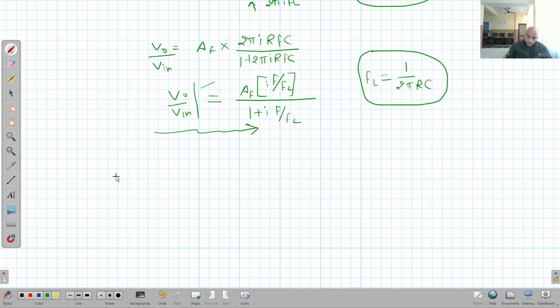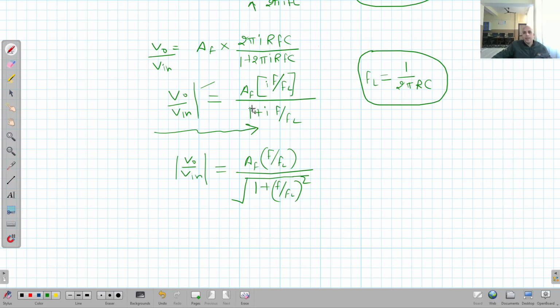Clear? Now, if I take the magnitude of this side, V output upon V input, then it will obviously be AF f upon fL, magnitude only, over the square root of 1 plus f upon fL whole term squared.